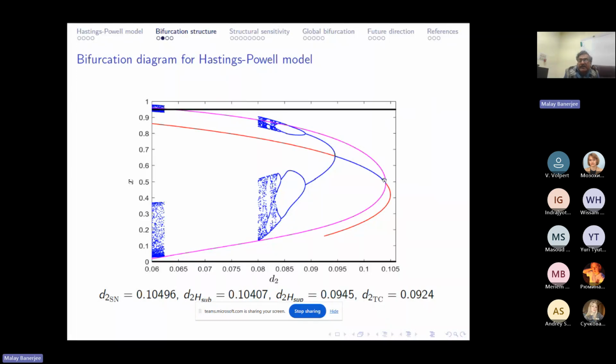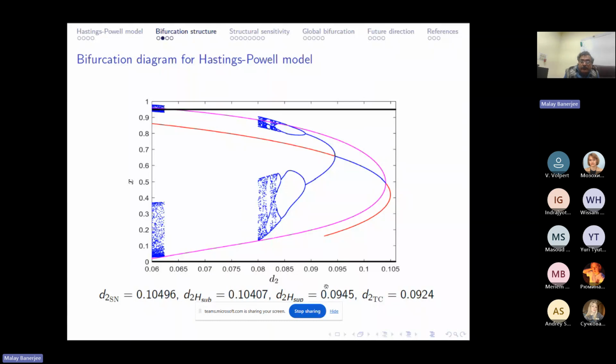Again, this stable interior equilibrium point loses stability through another Hopf bifurcation, which takes place at D2 equal to 0.0945, and this is a supercritical Hopf bifurcation.